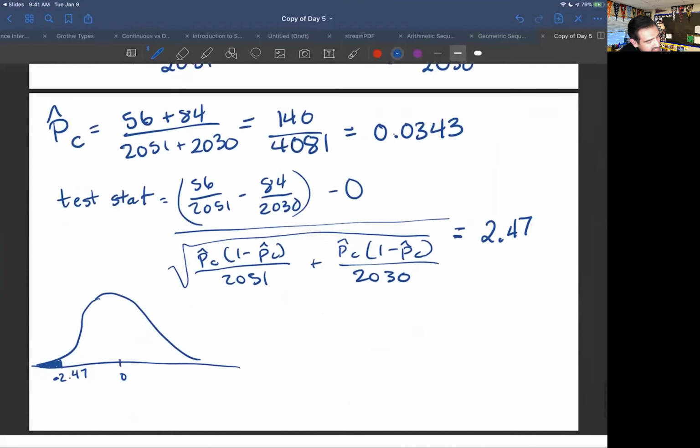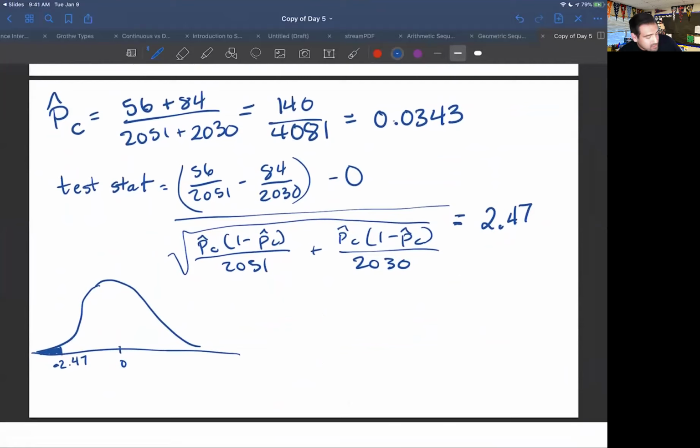So I need to find the area under the curve there. Using a calculator, you're going to get a p-value of 0.00675, so on and so forth, right?